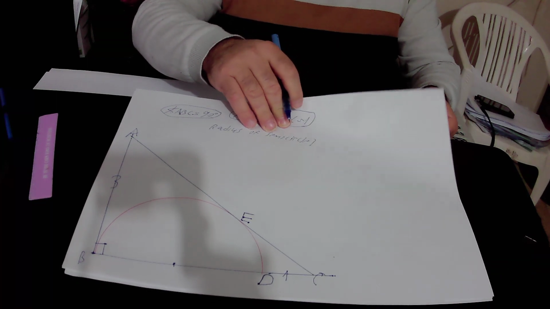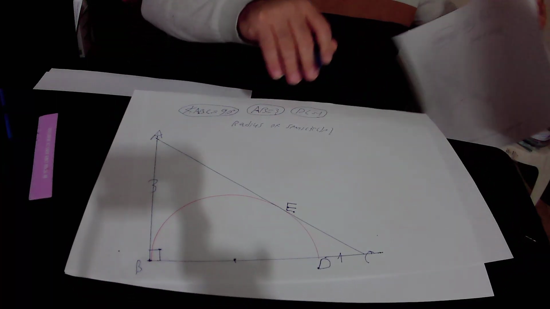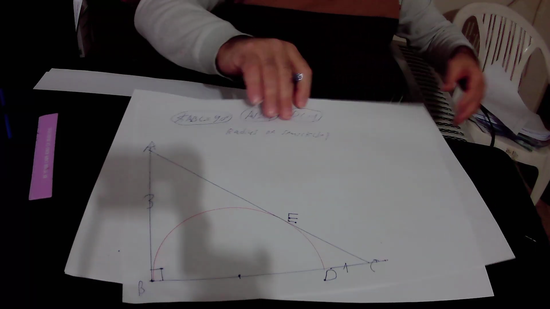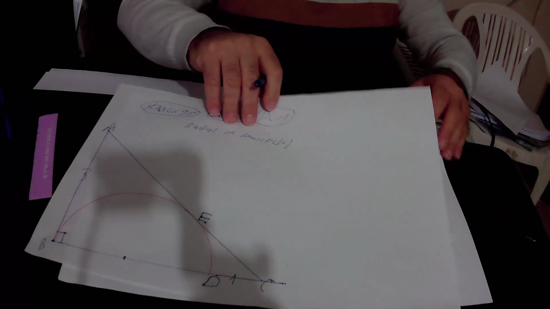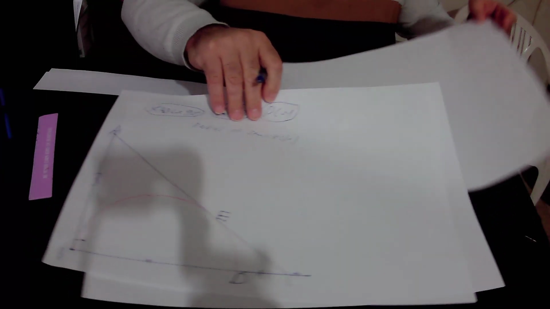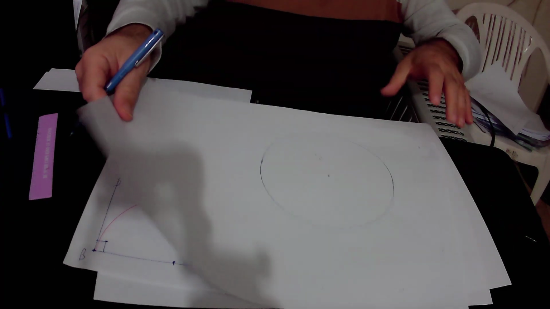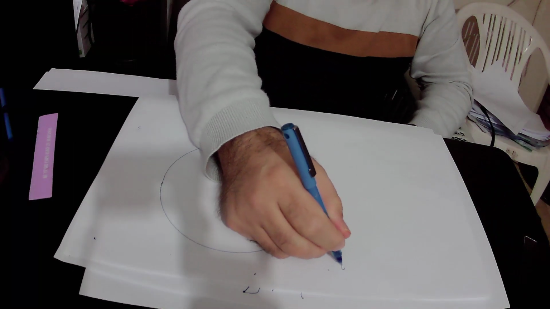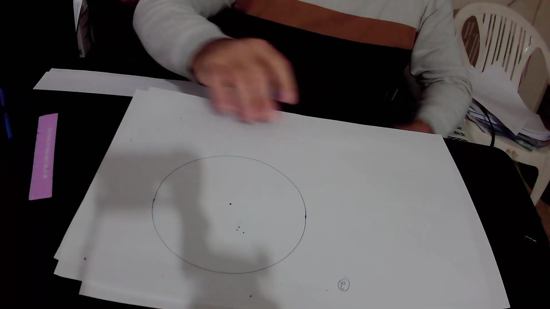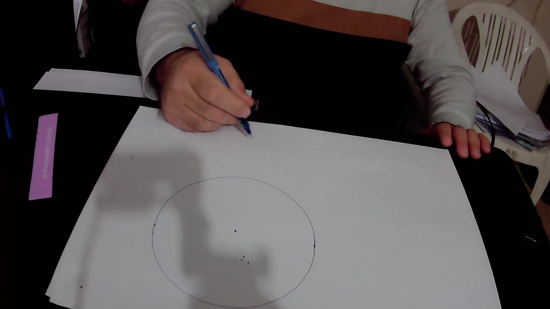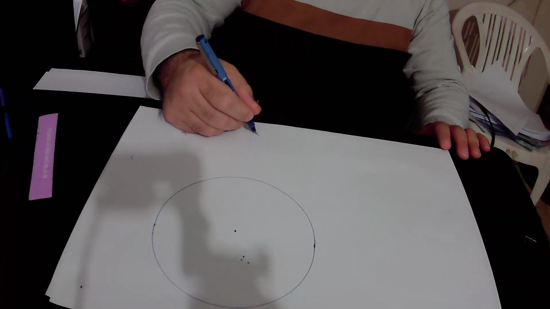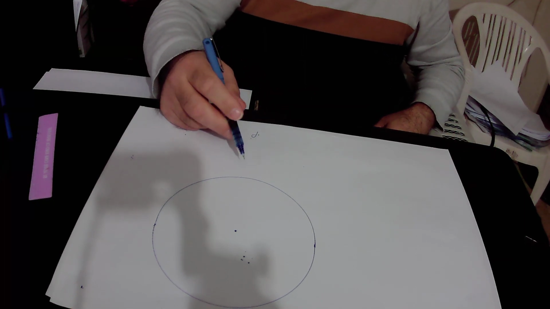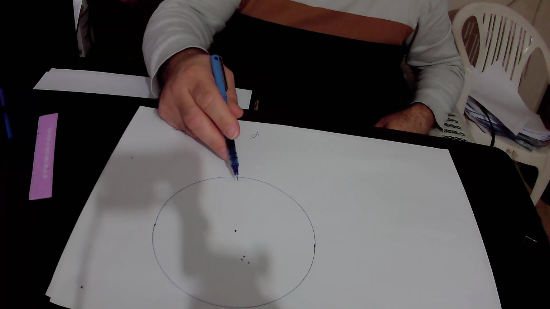The meaning is that if you have a circle, and this point P is a common external point, an external point of this circle.